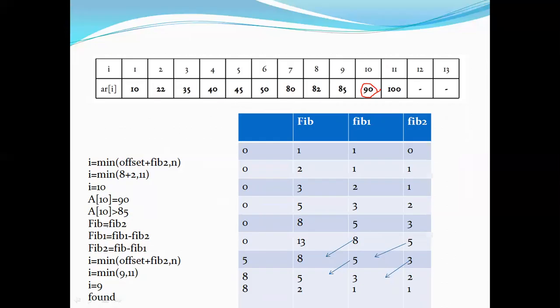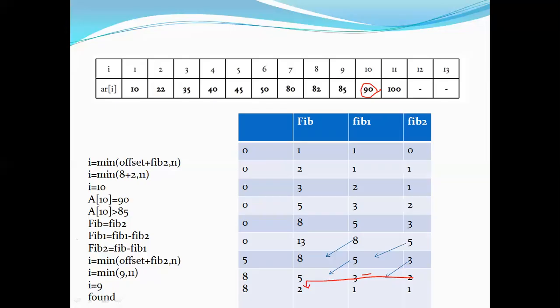Here fib is equal to fib2 we need to take. fib is equal to fib2, that means 2 is transferred here. And fib1 is equal to fib1 minus fib2, that means 3 minus 2 will be transferred into fib1.